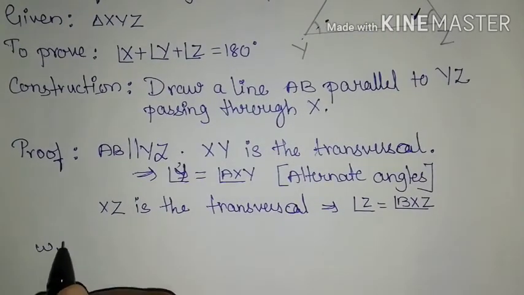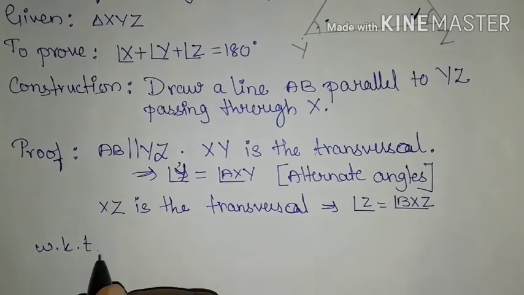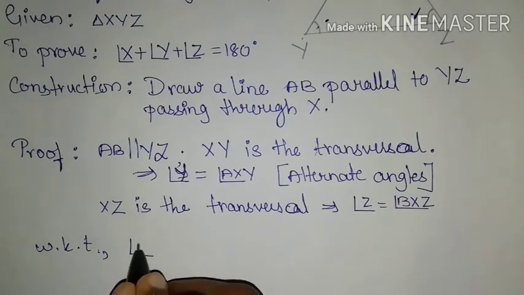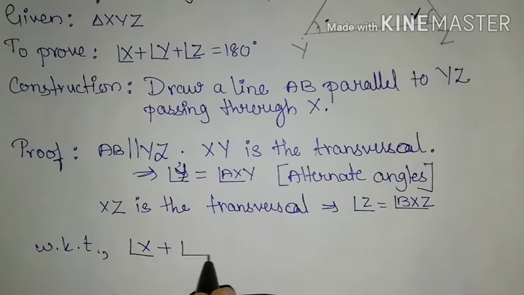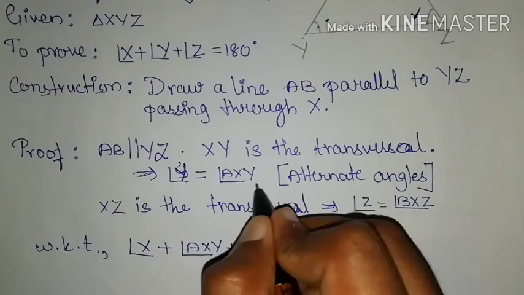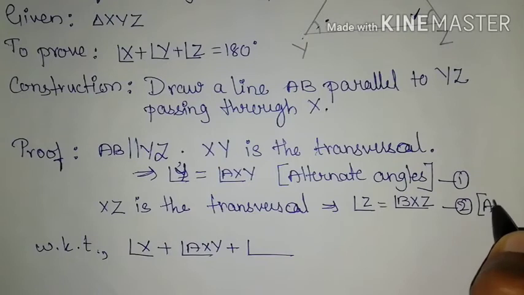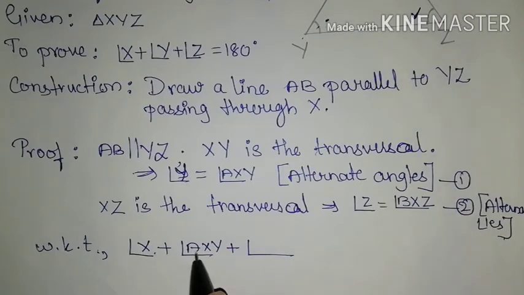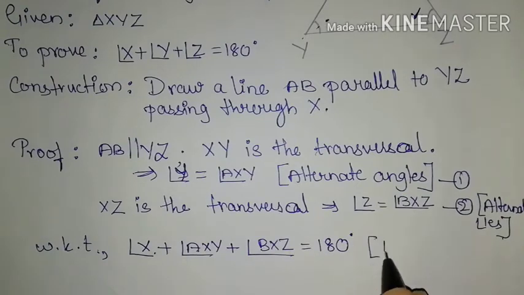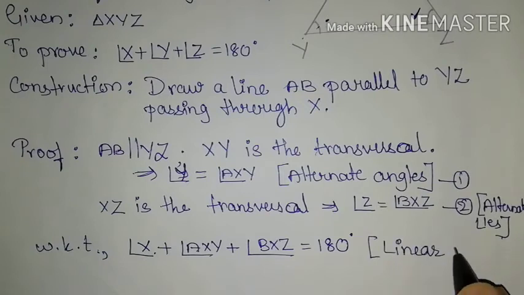Therefore, angle X plus angle AXY plus angle BXZ is equal to 180 degrees because they form a linear pair. Name this as result 1 and the alternate angles result as result 2.